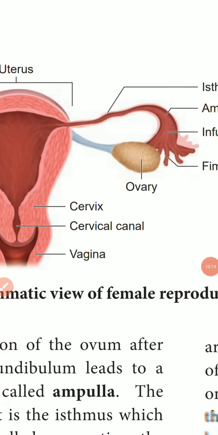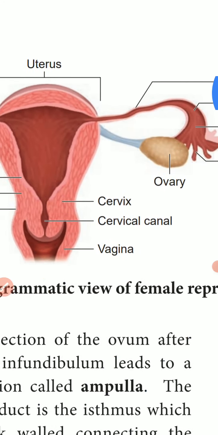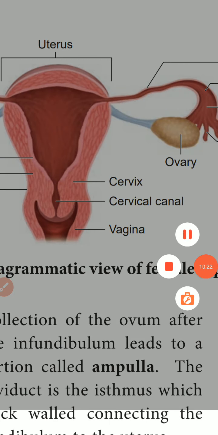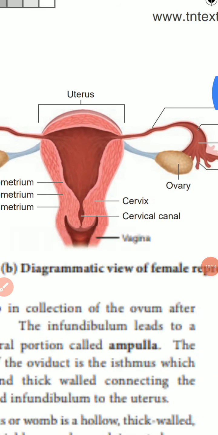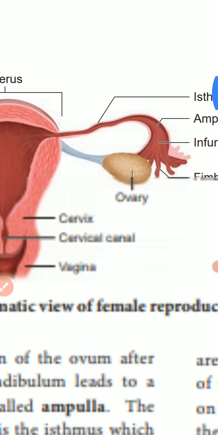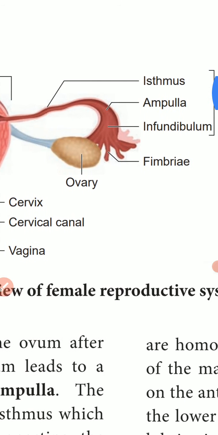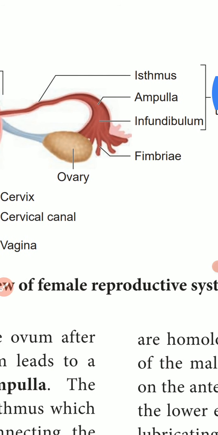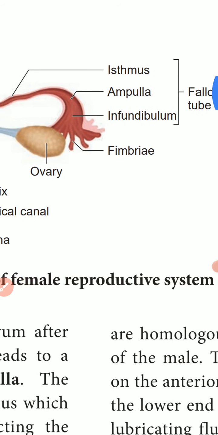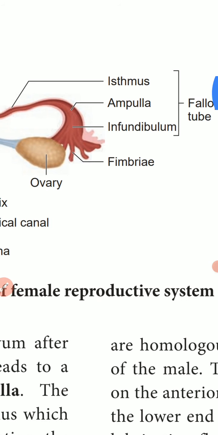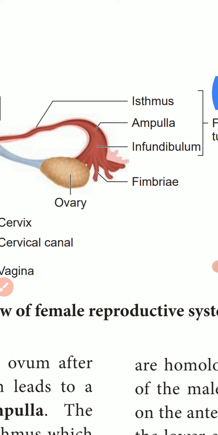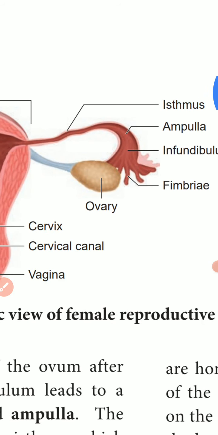The sperms are deposited here, and they migrate through the female reproductive organs. You can find the isthmus, ampulla, infundibulum, fimbriae. Once ovulation occurs and the egg is discharged from the ovary, the fimbriae capture it and move it towards the infundibulum, ampulla, and isthmus.